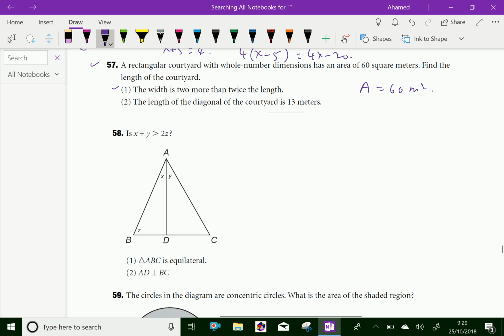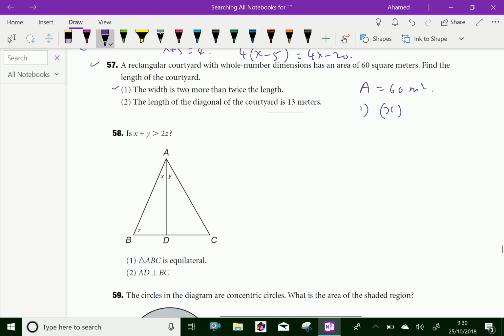Means we can solve it. Suppose width is x. For the first statement, the width is 2 more than twice the length.